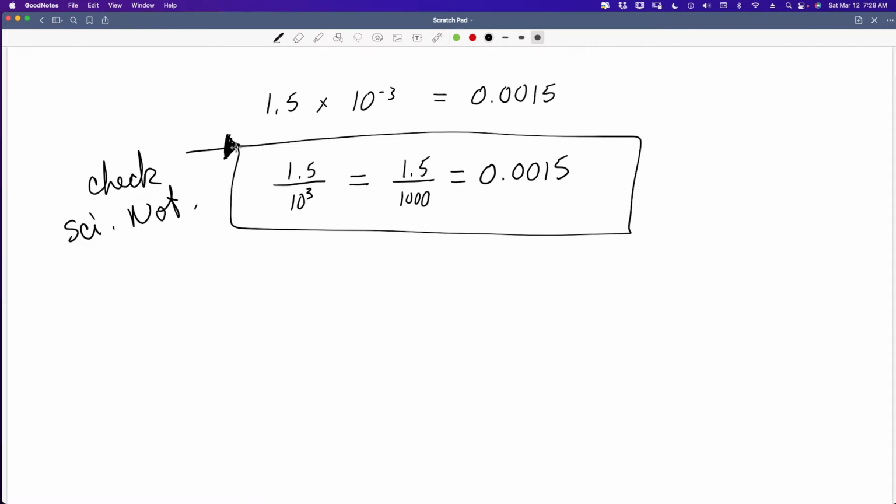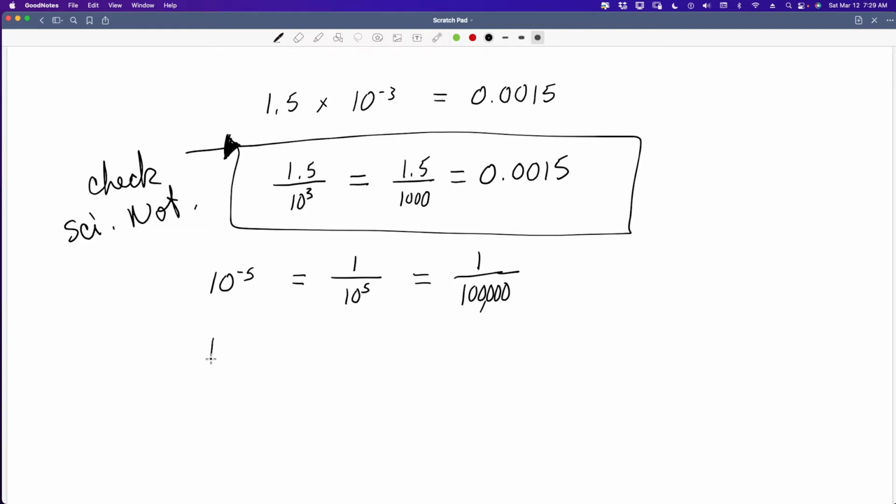So checking your scientific notation like this is a smart idea. Check scientific notation by putting this below. When you move it to the bottom, you change the sign from a negative to a positive. That works for every other situation as well. So, for instance, if we have 10 to the negative 5, we can turn this into a fraction and say 1 over 10 to the 5, which then equals 1 over 1 and 5 zeros, which is 100,000.